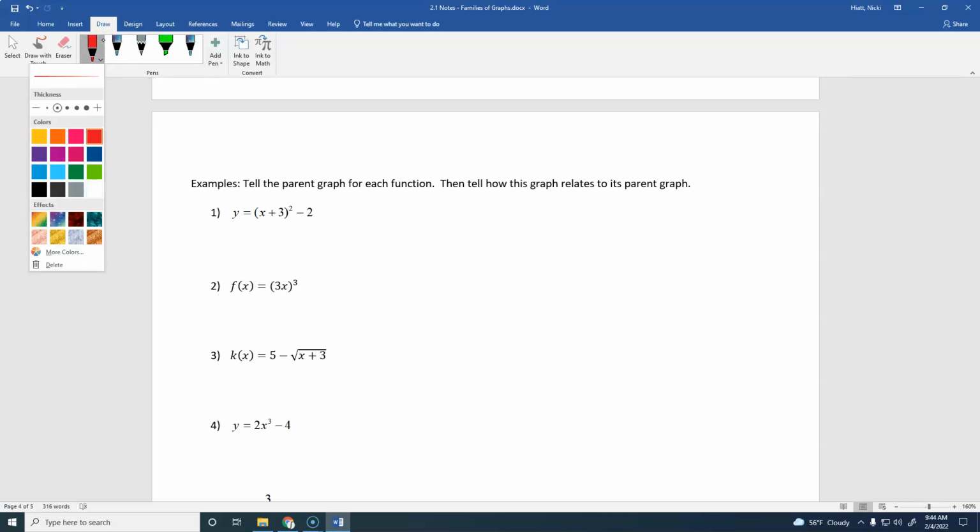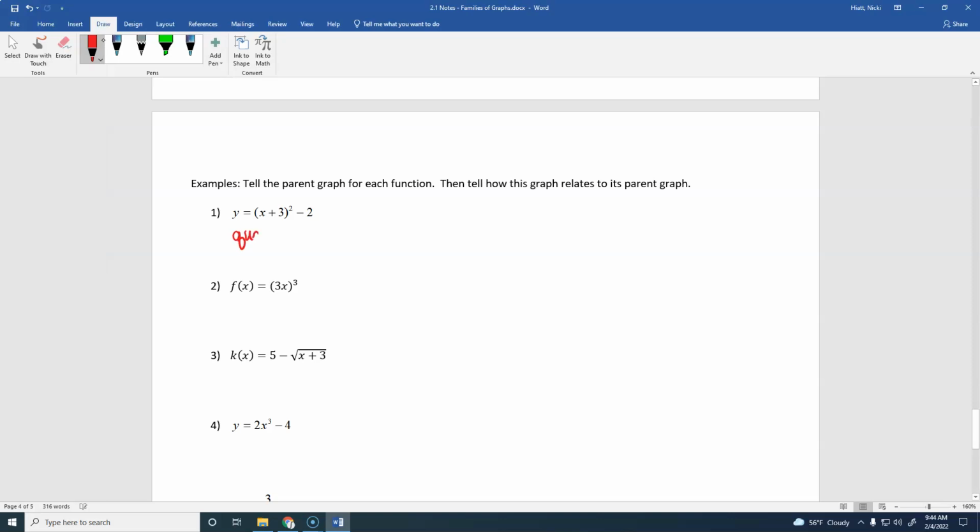So if I have y equals (x plus 3) squared minus 2, what type of function am I dealing with here? What's the parent function? Quadratic. And Maddox, tell me one thing that has happened to this graph. So our parent would just be y equals x squared, meaning that plus 3 is different and this minus 2 is different.